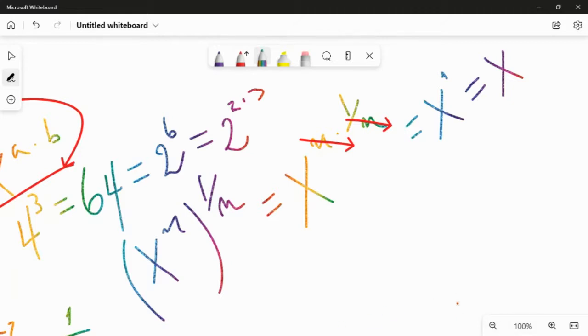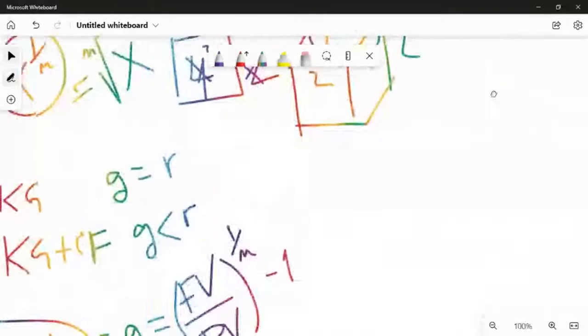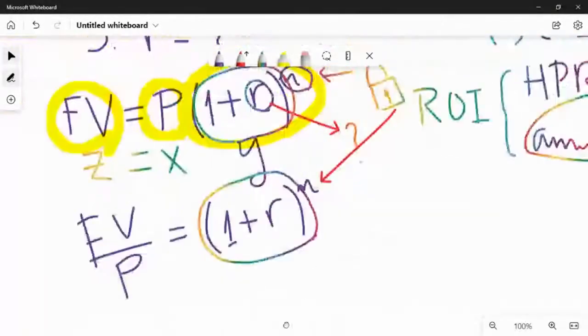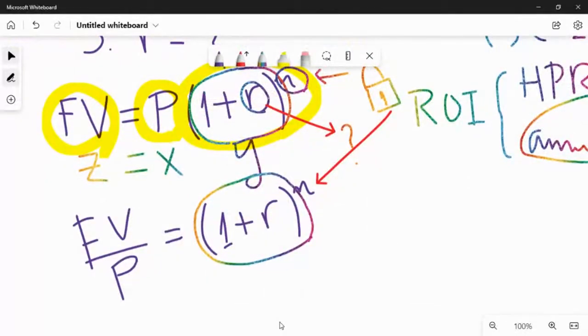So that is very important because it's the way to get rid of that exponent. In other words, we have brought this to this form, right?